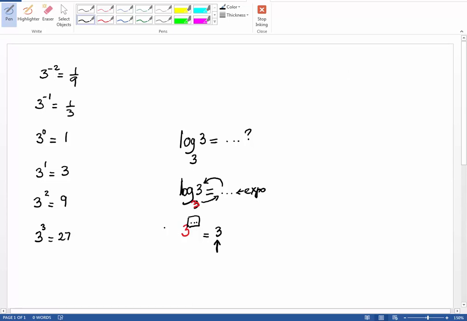So if you think about it, the power you need to put on a 3 to get the number 3 itself is just a power 1. So my answer to my question over here is 1. Okay, and if you were to check log base 2 of 2 and do a similar reasoning, it would be equal to log base 3 of 3, which we just computed.